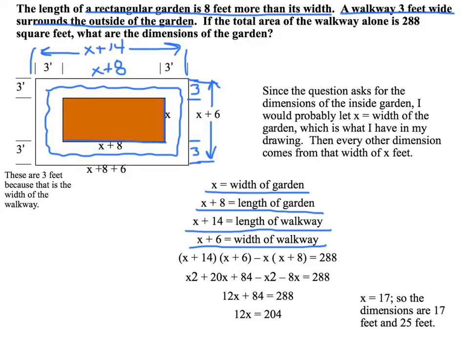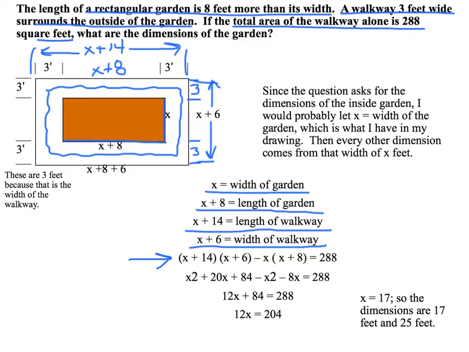It also says in the problem that the total area of the walkway alone is 288 square feet. So if the total area of the walkway is 288 square feet, you can see that I have my equation right here.